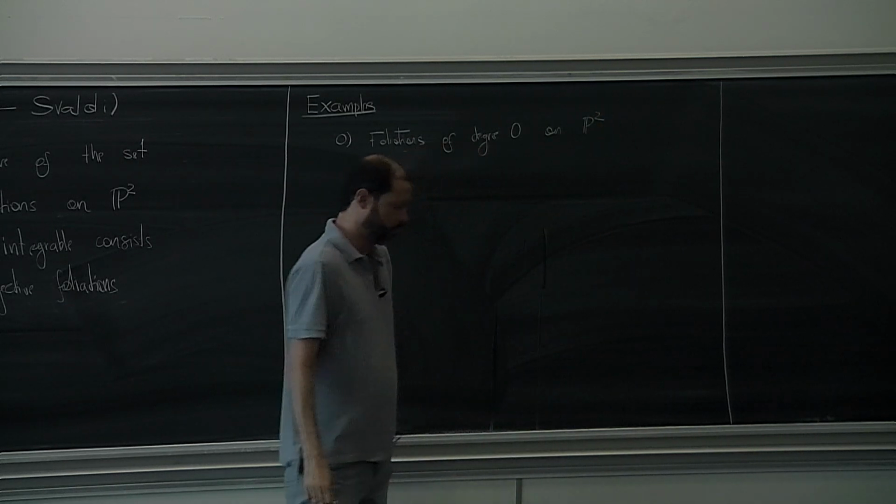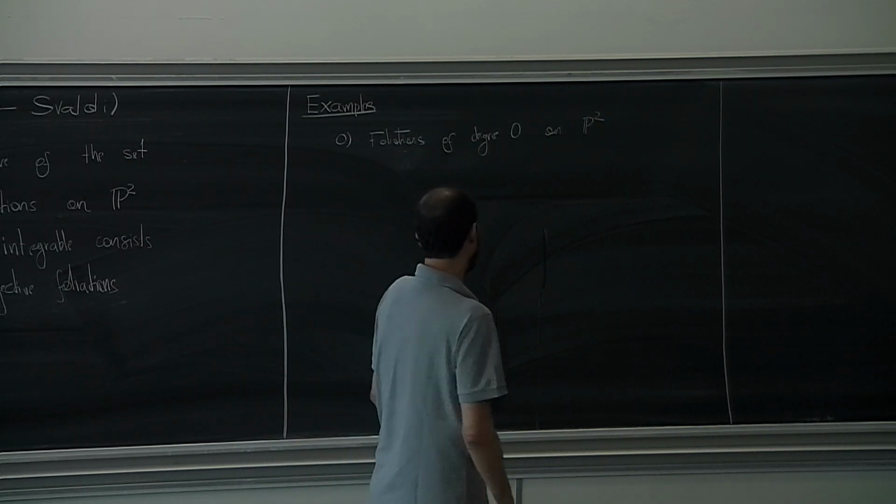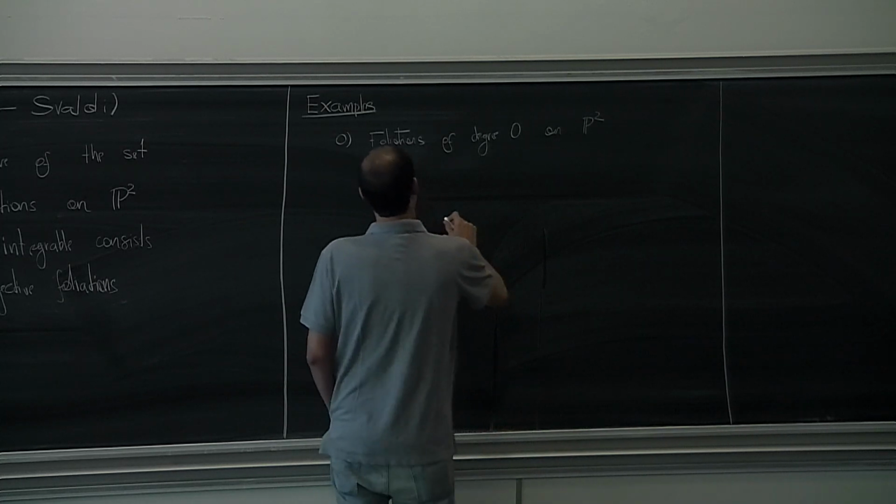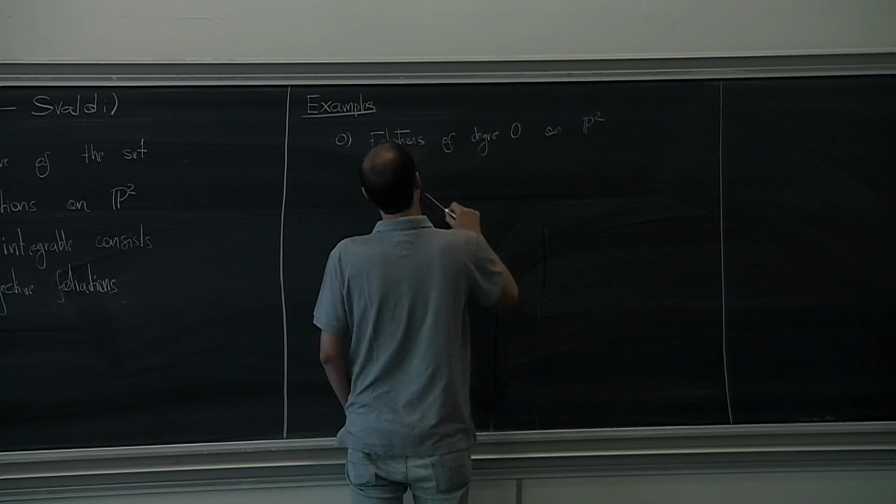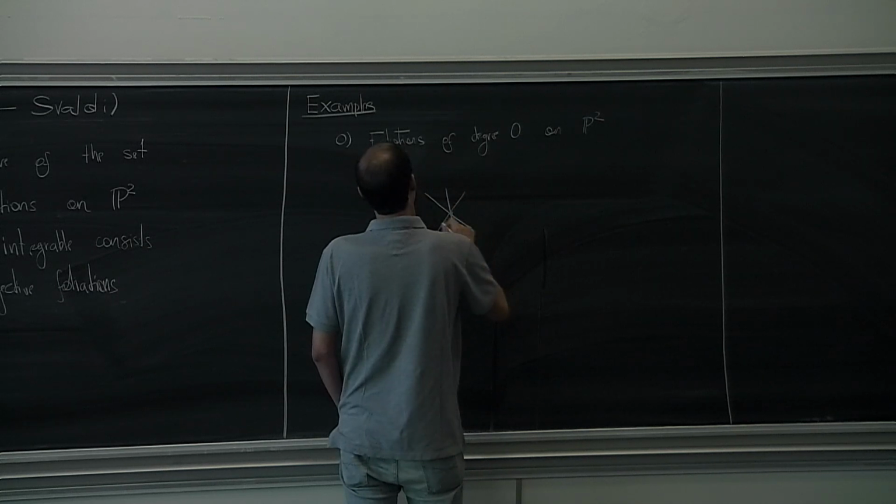Up to automorphism, there is only one foliation like that, and it's the pencil of lines through a point.